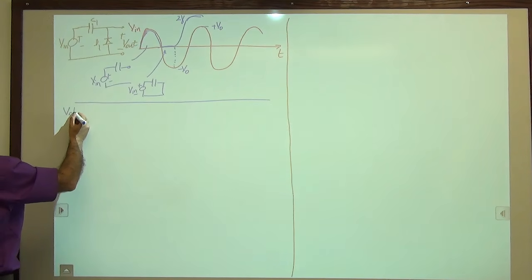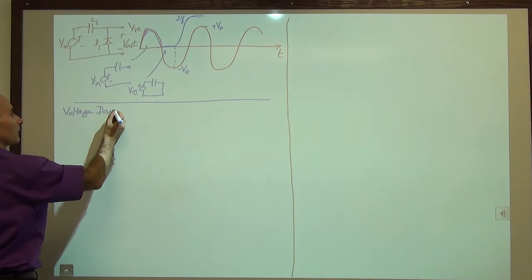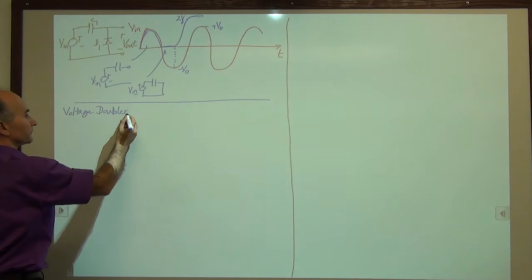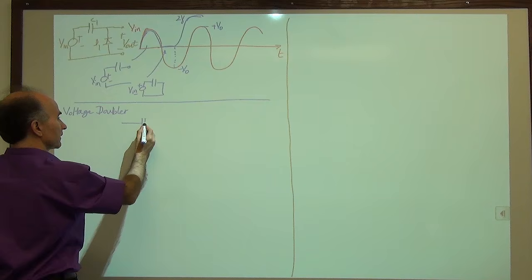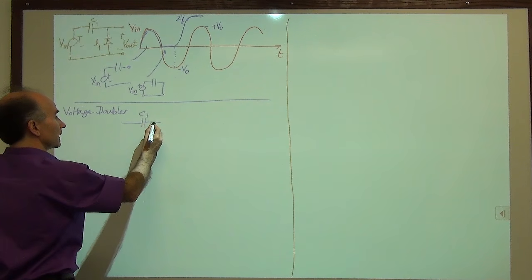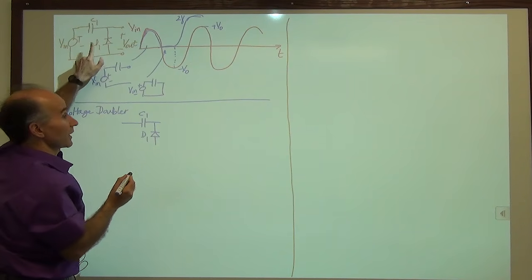So here's the actual promised voltage doubler. The voltage doubler consists of a capacitor, C1, and a diode, D1, just like this case.